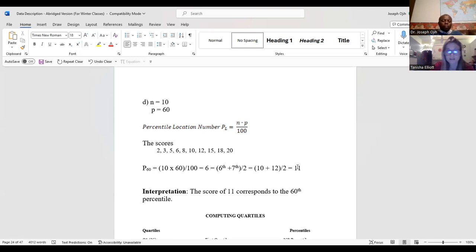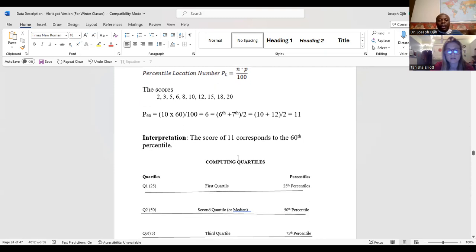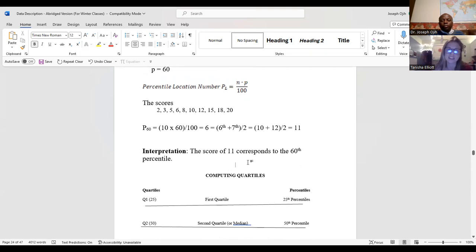Okay. Now, we have done the standard score and percentile. Now, quartiles. But wait, why didn't we just take the 6th number? No, we can't take the 6th number.